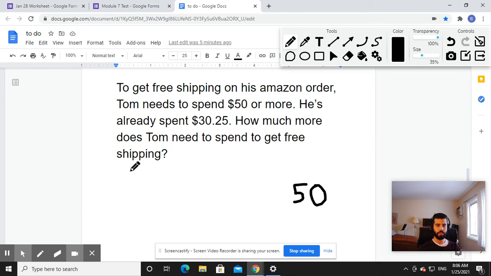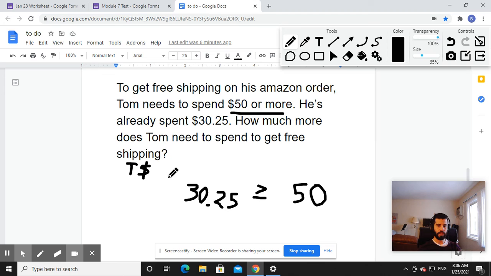So this is how much he spends. Let's say Tom spending, and then that's the $50. So he needs to spend at least 50. That's going to be a greater than or equal to sign right there, because he could spend more. He could spend exactly that amount. And now he's already spent 30.25.